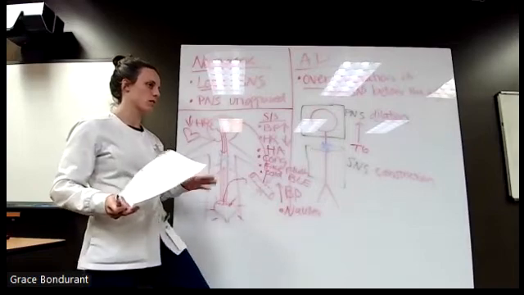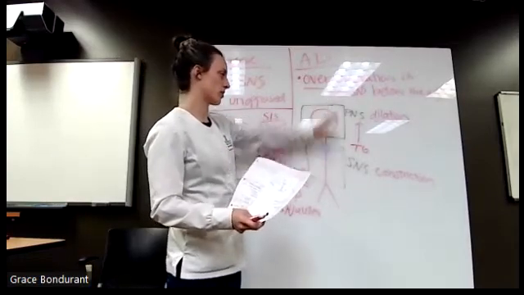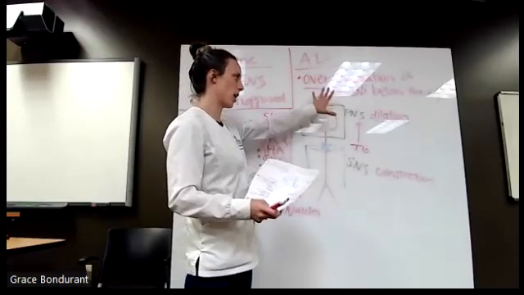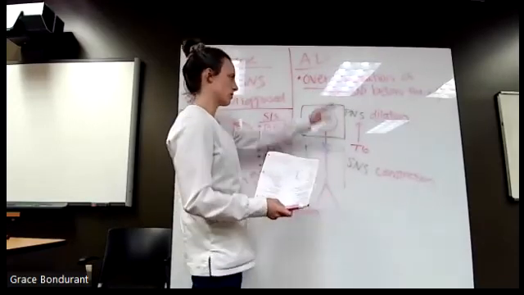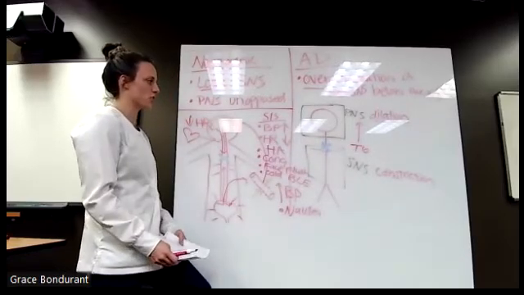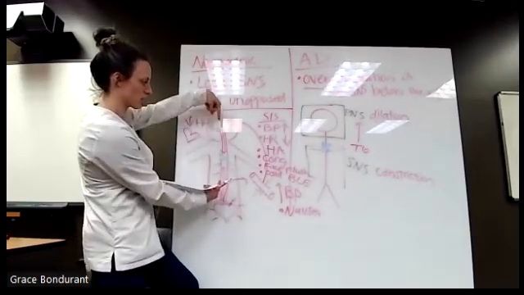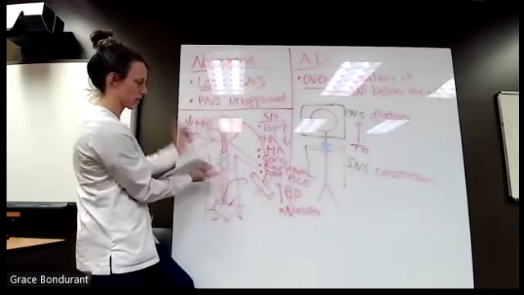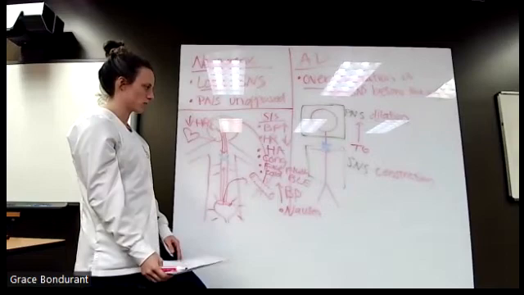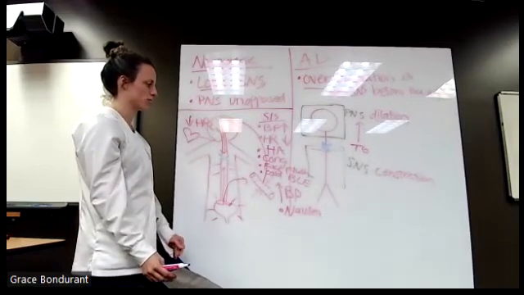If that helps you, just think para up here, sympathetic down here, dilation up here, constriction down here, hot, cold, high, low. It's really just because the signals can't communicate, so they have to go around and all over the place. There's no communication there. The bridge is broken.